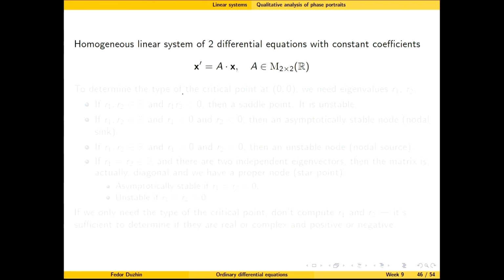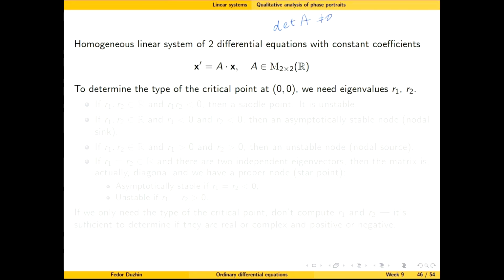Okay, so let's look at what we've seen with homogeneous linear systems of two differential equations with constant coefficients. To determine the type of the critical point at the origin, notice that we are assuming that the determinant of A is not 0, because if it is 0, then the origin is not a single isolated critical point, but there is a whole line consisting of critical points.